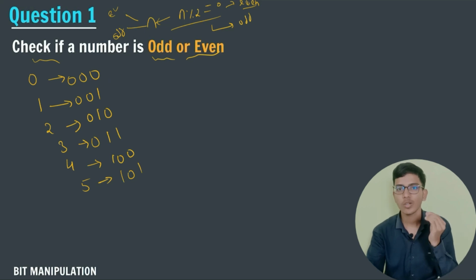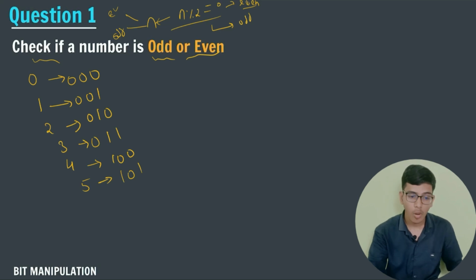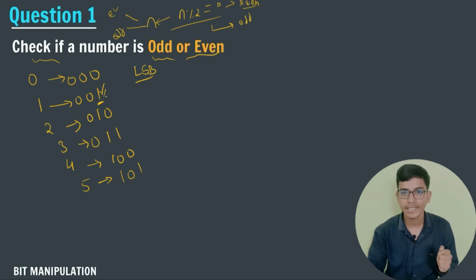Now can you observe one thing here, that for odd numbers the least significant bit is 1? 1 is an odd number, and the least significant bit is 1. 3 is an odd number, least significant bit 1. 5 is an odd number, so the least significant bit is 1.